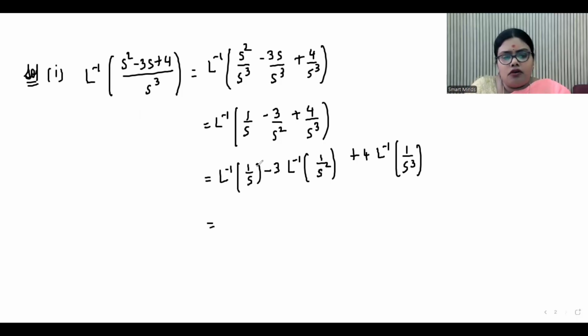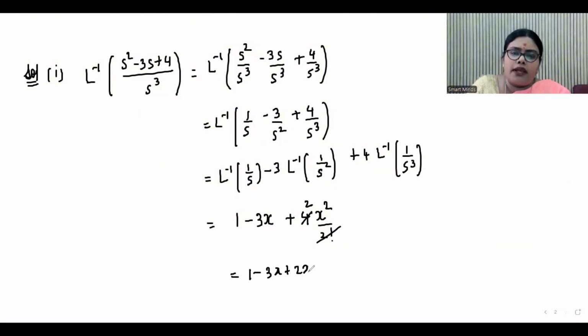Now L inverse of 1 by s is 1, minus 3 into L inverse of 1 by s square is x, plus 4 into L inverse of 1 by s cube is x square by 2 factorial. 2 factorial is nothing but 2, so 2 twos are 4, and 4 by 2 is 2. That is 1 minus 3x plus 2x square. This is the final answer for the first bit.